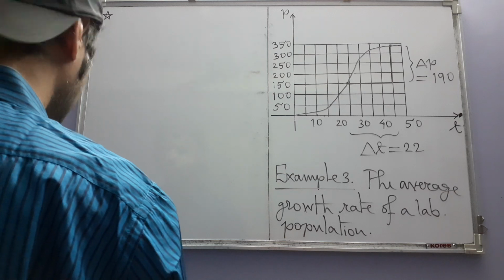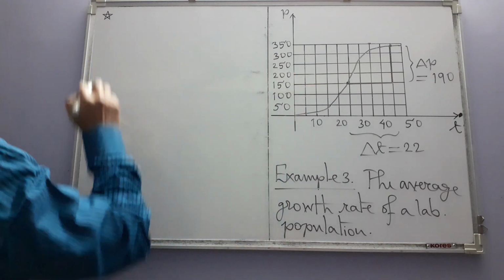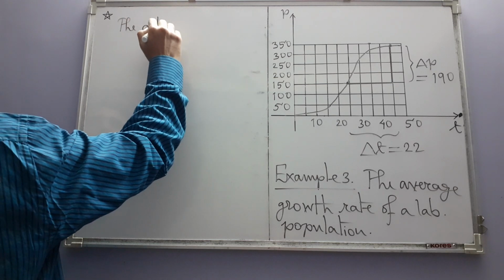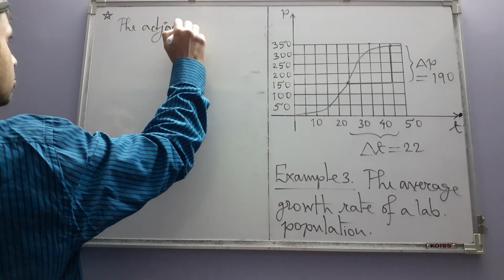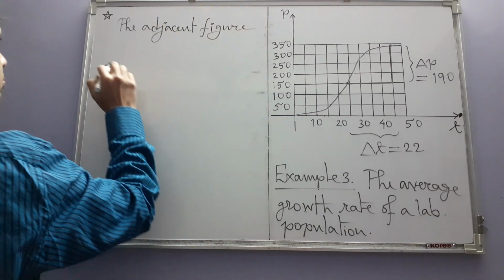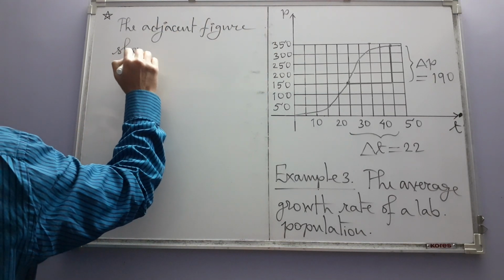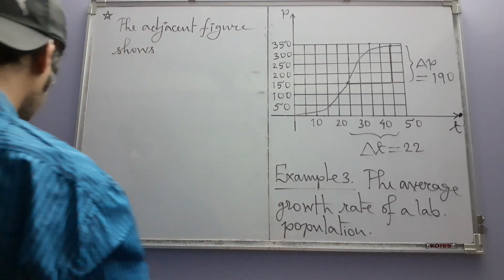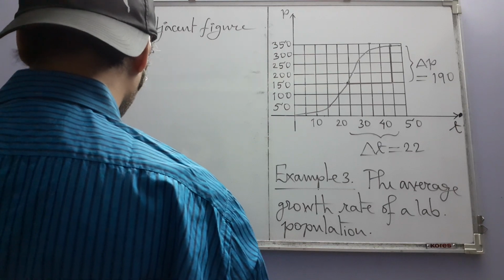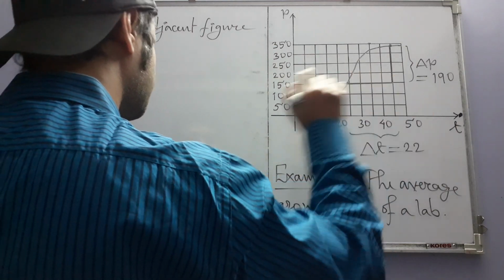The above figure, we can say the adjacent figure, shows how a population of fruit flies grew in a 50-day experiment.